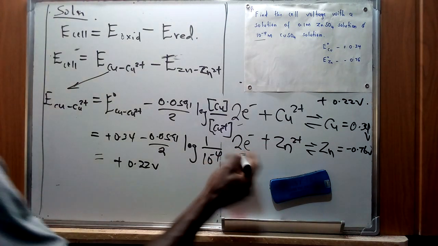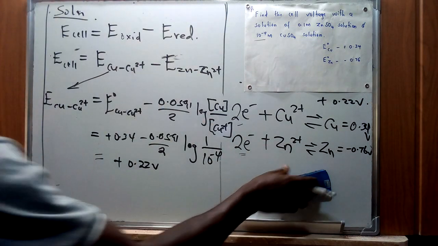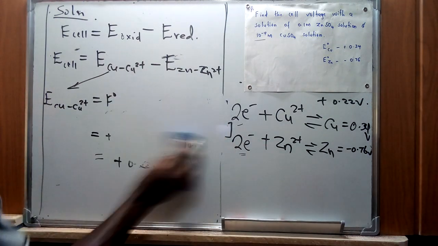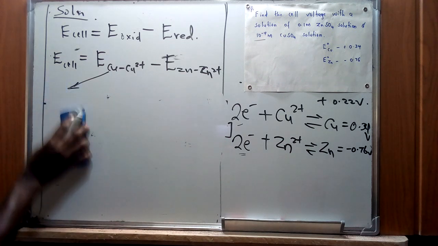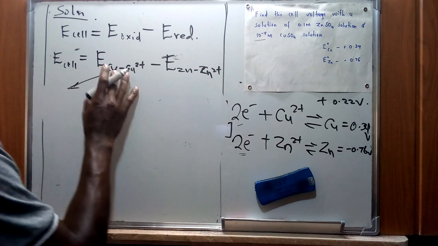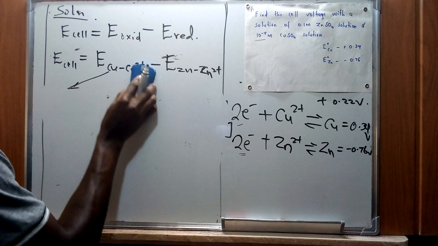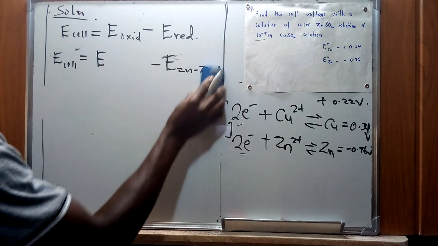That is for copper. Secondly, we're going to use the same procedure to find the E cell for zinc using the Nernst equation.